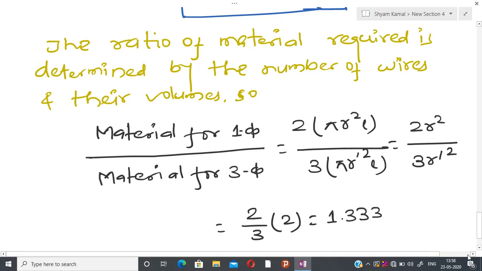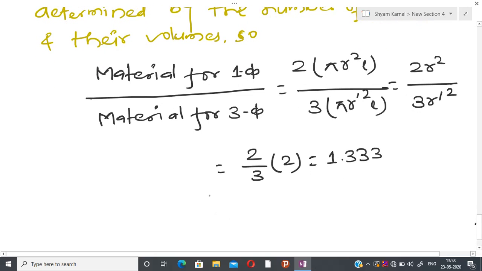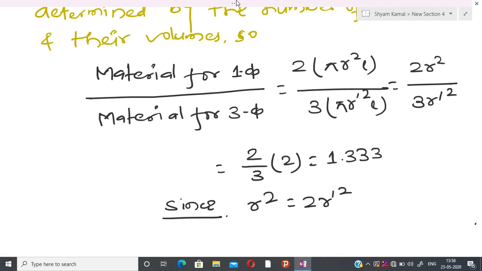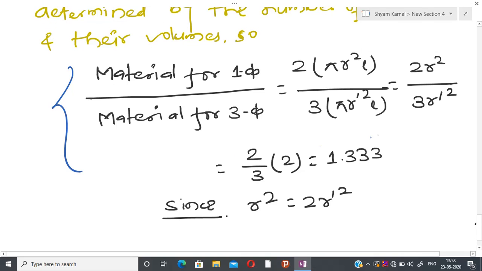I have used this because I have already derived r square equal to 2r dash. Due to that reason, I am writing like this. And basically, what is the interpretation of this particular derivation in terms of material?